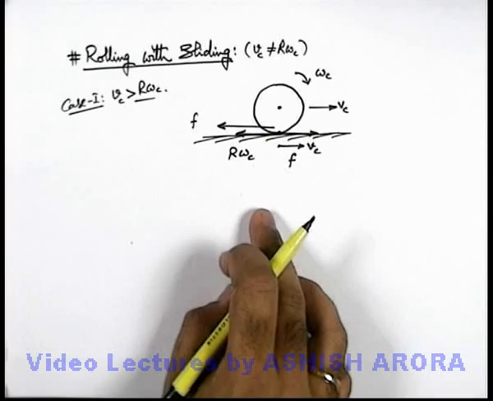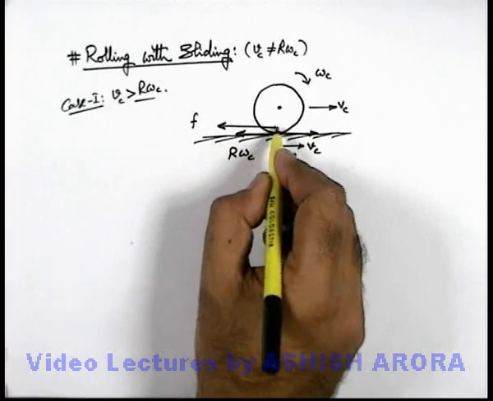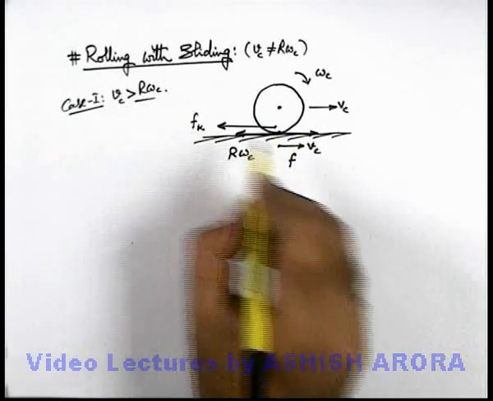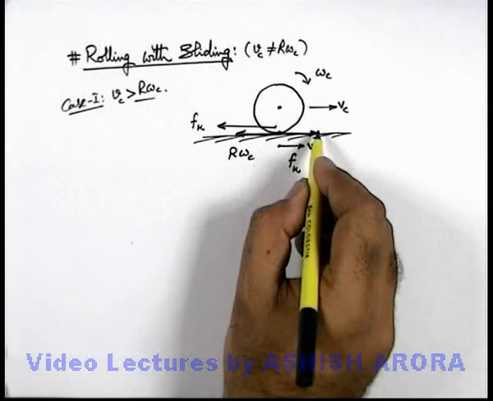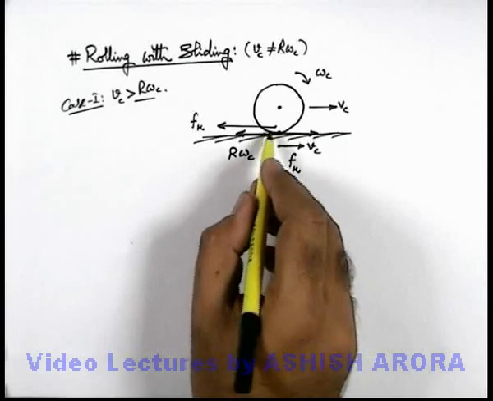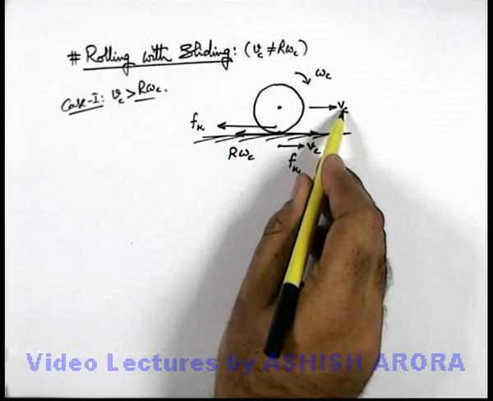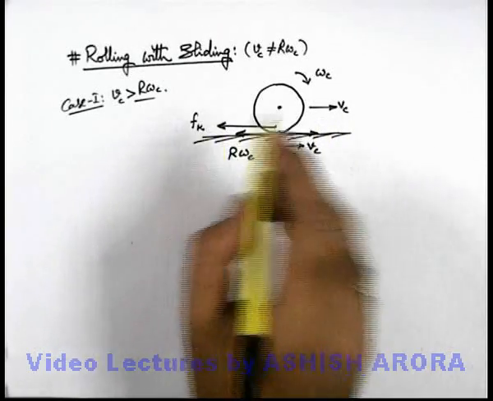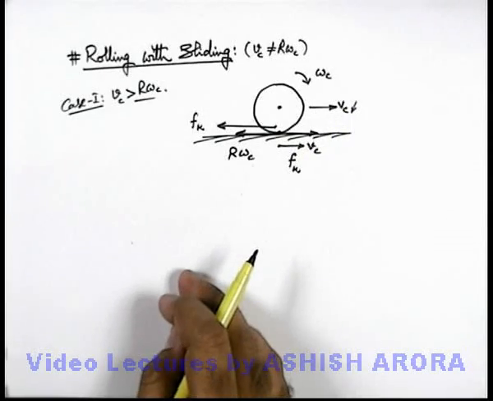This friction acting in backward direction is certainly kinetic friction, as the point of contact is sliding. Now, this kinetic friction is acting opposite to the translational velocity of the body. Due to this kinetic friction, the translational speed is going to decrease.